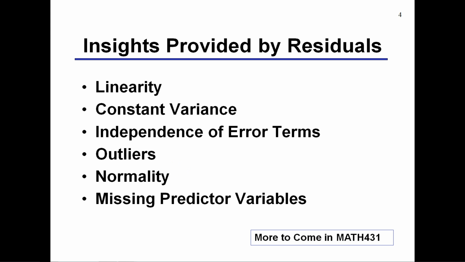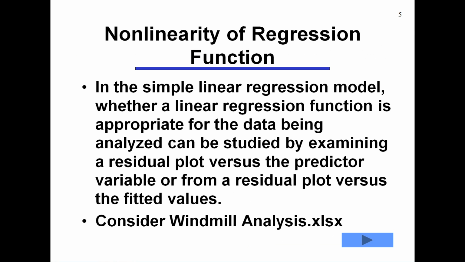Some of the purposes that we might want to apply the residual analysis to are the assumption of linearity, the assumption of constant variance, etc. And we're certainly going to discuss those kinds of things in great detail in the Math 431 course. But I do want you to have some understanding of how we can use the residuals to assess the validity of those assumptions now.